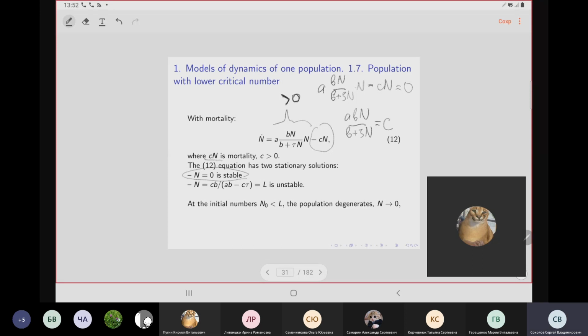After easy calculations, we multiply by B plus tau n and arrange the summands. Finally, we get another equilibrium, n equal to CB divided by (AB minus C tau).